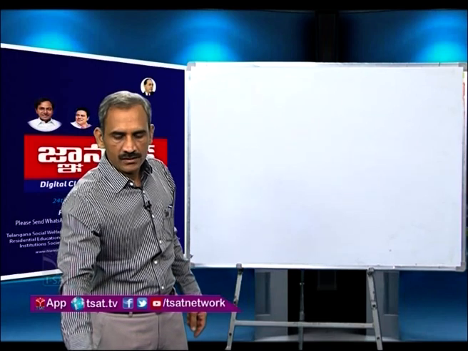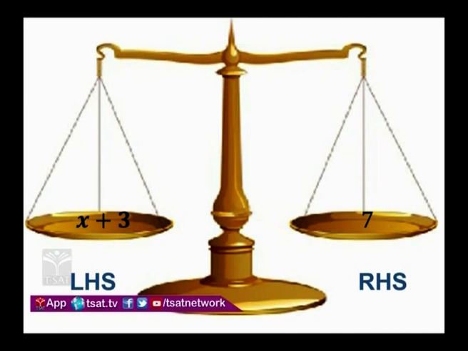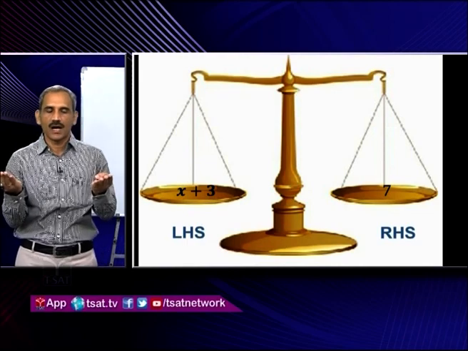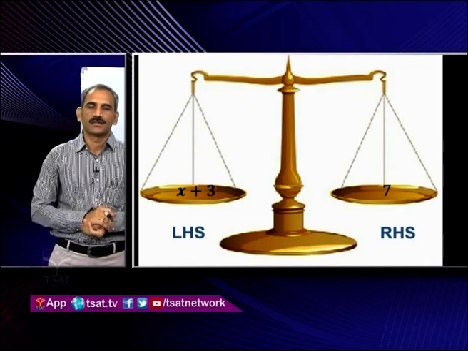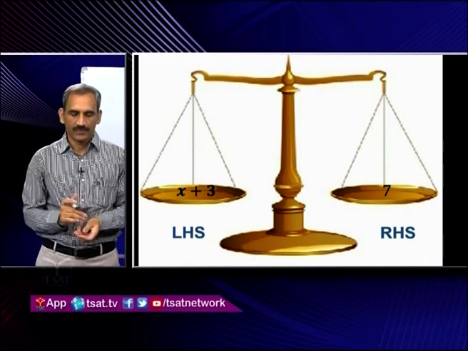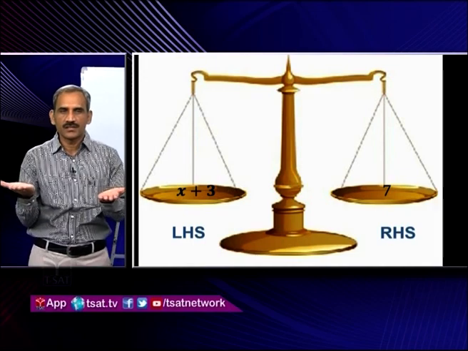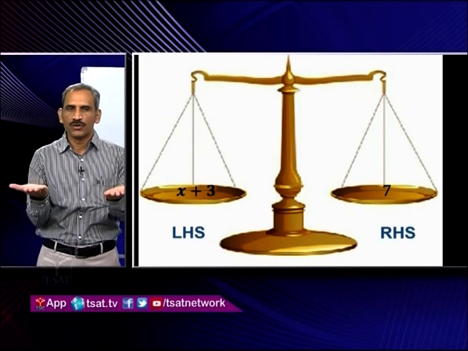Now let us come to the point why I represented these equation parts, I mean LHS and RHS, in a weighing balance, because this LHS is equal to RHS. That means these two parts are like this. If you look at me, then you will identify, right?